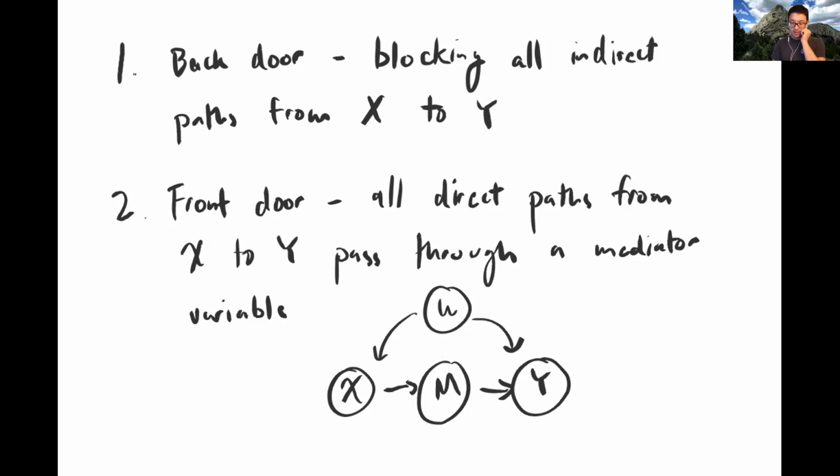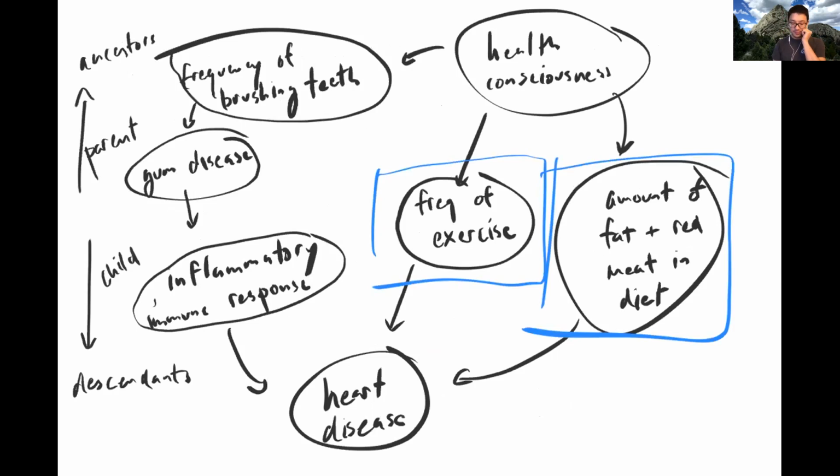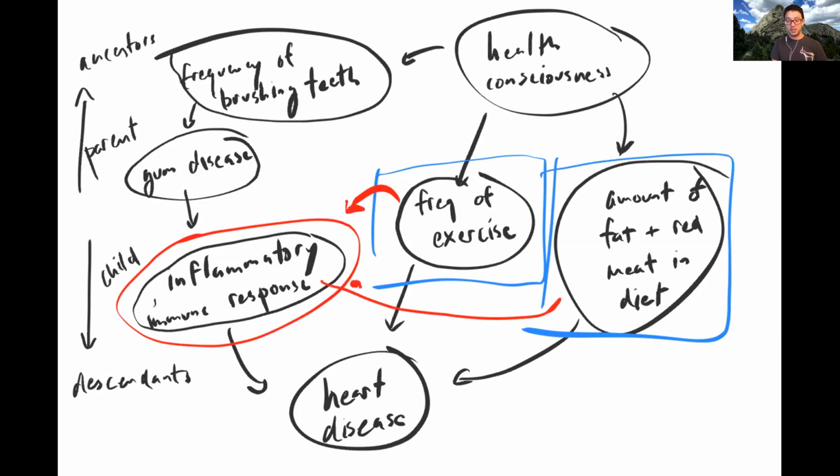And so thinking back to our first example, you may think of maybe something like inflammatory immune response as a mediator variable, but that may not be entirely clear in this case, because you may actually have some relationship with your confounding variables.